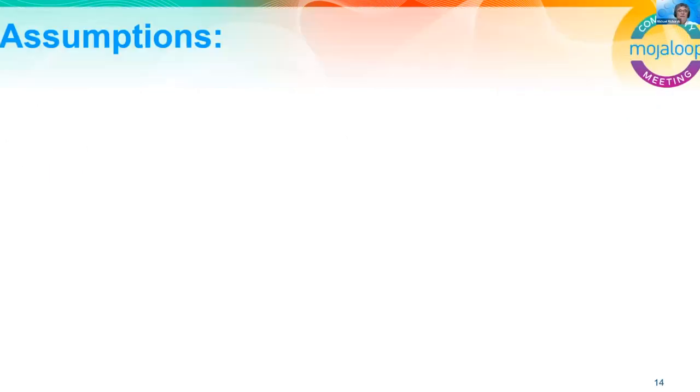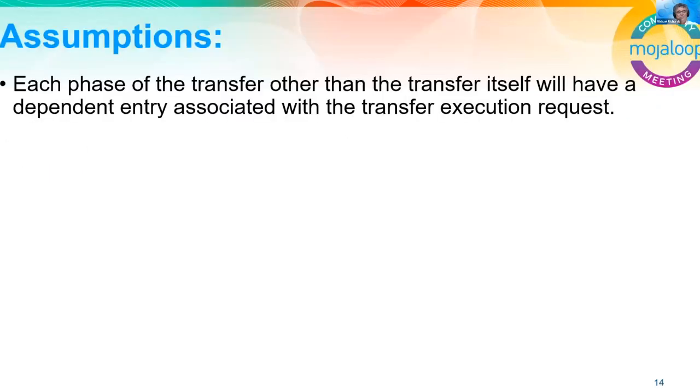Our assumptions are, first of all, each phase of the transfer, other than the transfer itself, will have a dependent entry associated with the transfer execution request. So you will always have a reference to the dependent activity, currency conversion in this case.